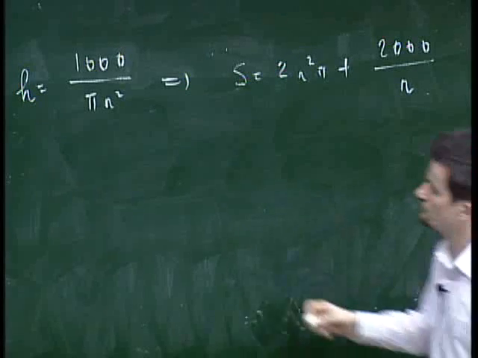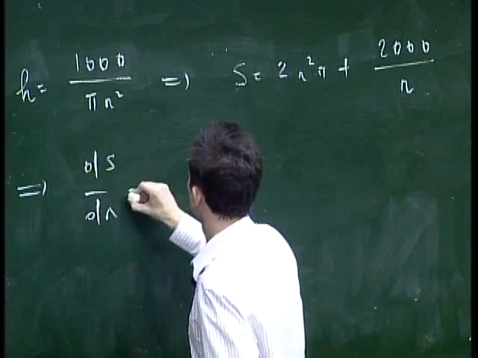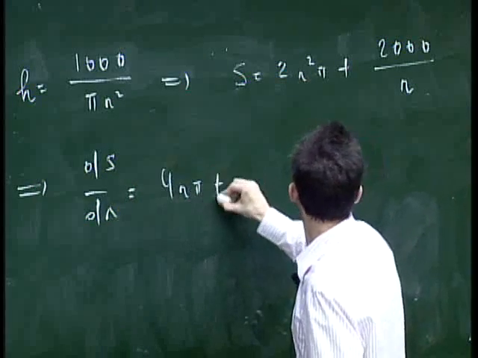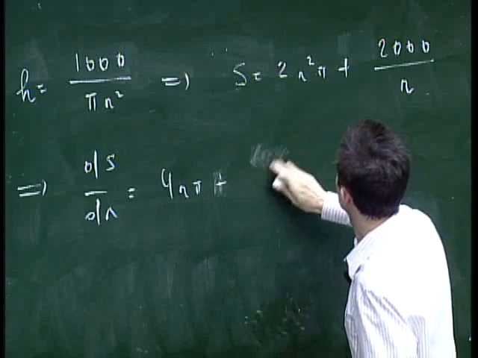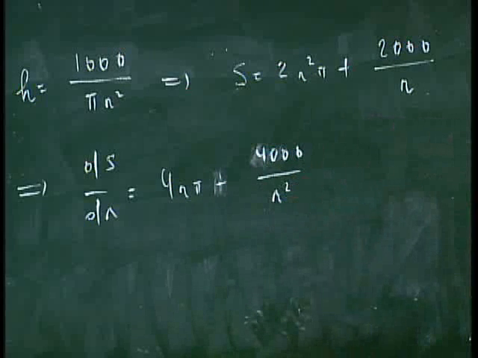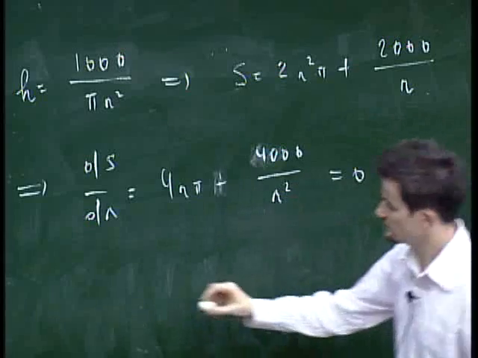Now, the next step is to take the derivative. We have 4 r times pi minus 4,000 over r squared, and we have to equate this to 0. This is easy to solve.